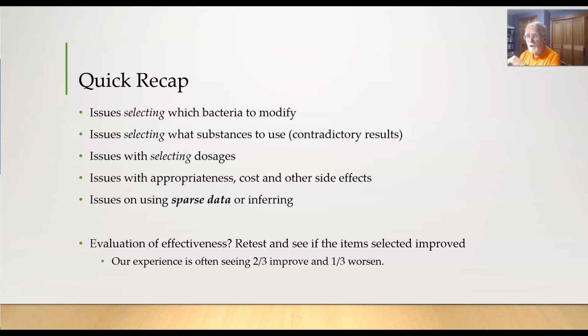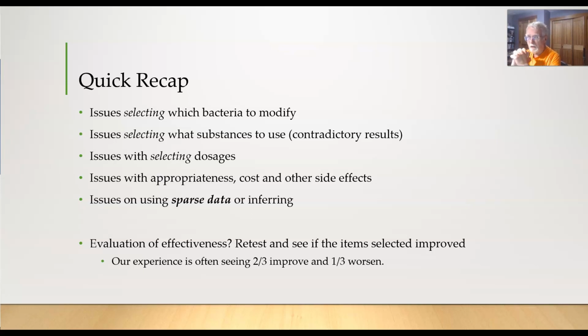When you have thousands of items, you're really going to have problems trying to figure that out without a massive number of clinical studies. And basically we end up with sparse data, trying to infer things where we don't have data, and we end up with a very fuzzy set of equations to work through.